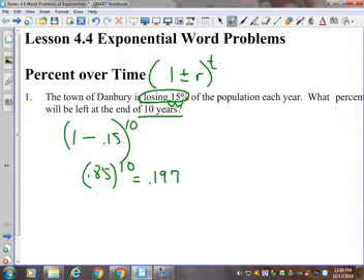So I need 3 decimal places, not because that's what we've been doing, but because I have to move the decimal 2 places and still have 1 left. You see, I have to turn this back to a percent. And a percent, the standard number of decimal places on a percent is 1. So if I use 3, like we've been doing, I can move it over 2 and still have my 1 decimal place.